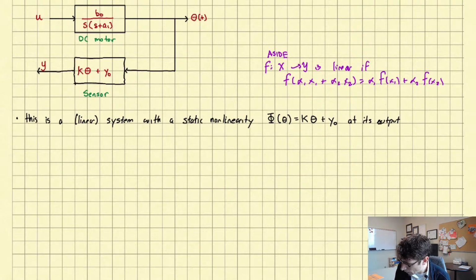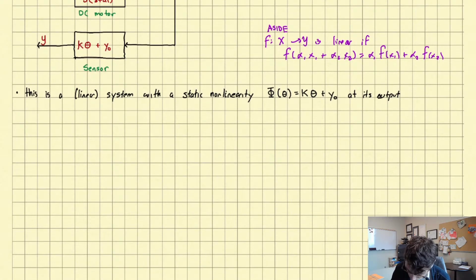Okay. So in this case, the function is invertible. But it is a mild nonlinearity, right? It's not very severe, but it is nonlinear. The function phi is invertible.